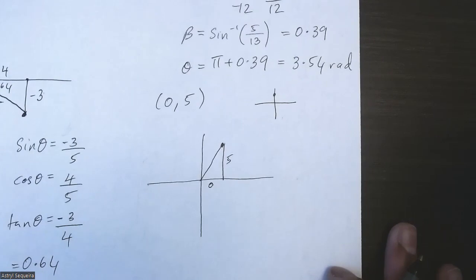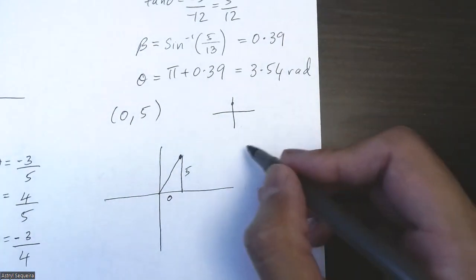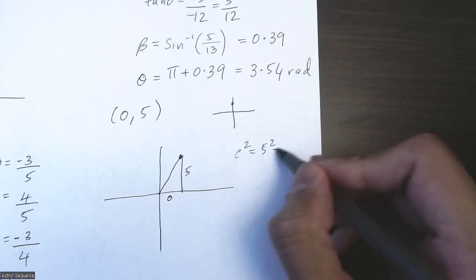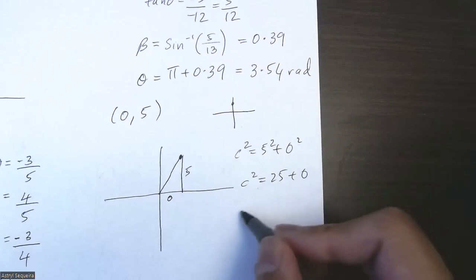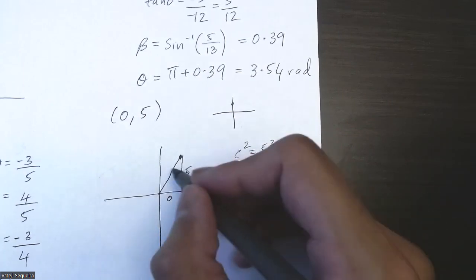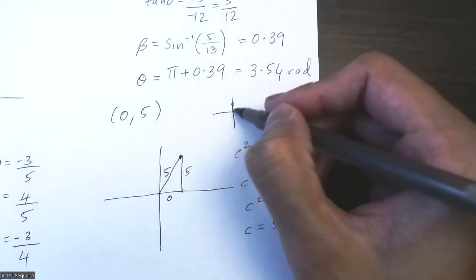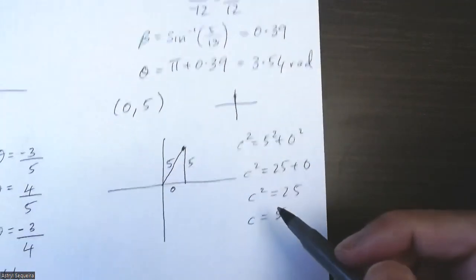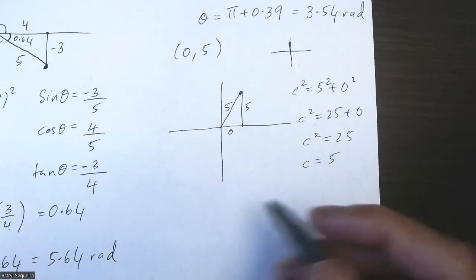So again, I'll do my Pythagorean theorem. So c squared equals 5 squared plus 0 squared, c squared equals 25 plus 0, c squared equals 25, which means that my hypotenuse is 5, which makes sense because if you look at this line here, this is both the opposite and the hypotenuse, which has a length of 5. So now I can do my trig ratios.